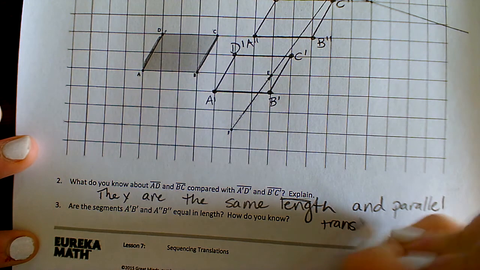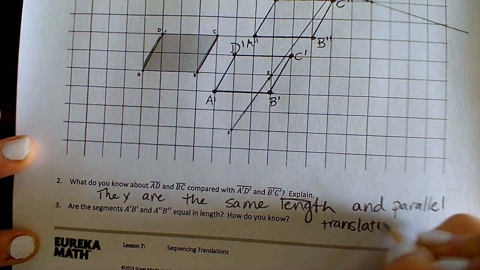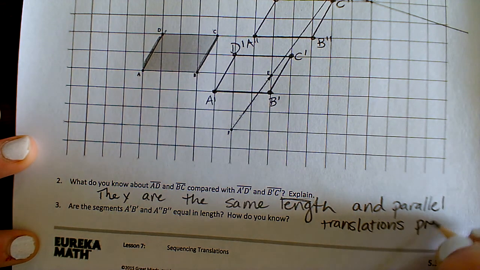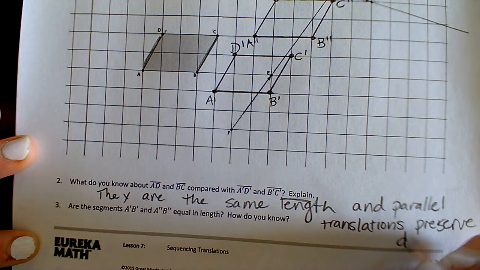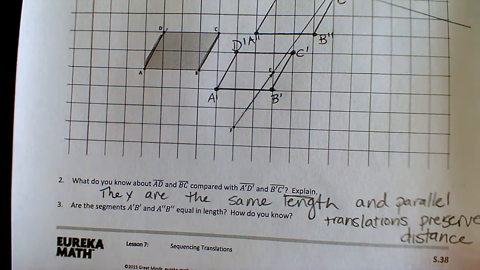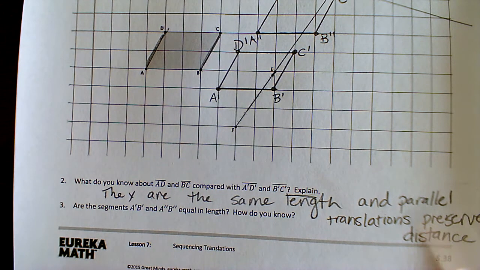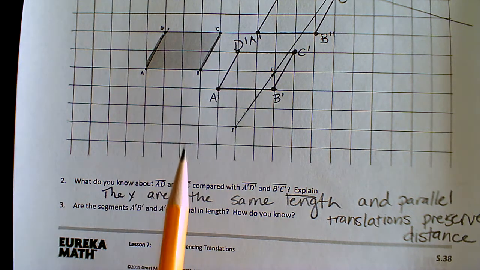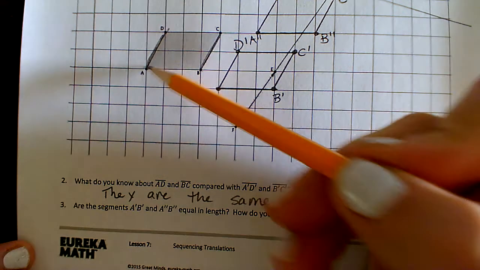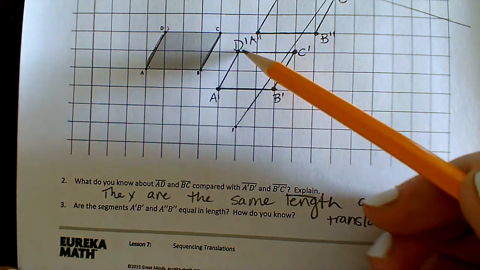Translations preserve distance. So the distance between these points and those points stays the same, which makes them remain parallel. And they're the same length because the distance between A and D stays the same, so that keeps it the same length.